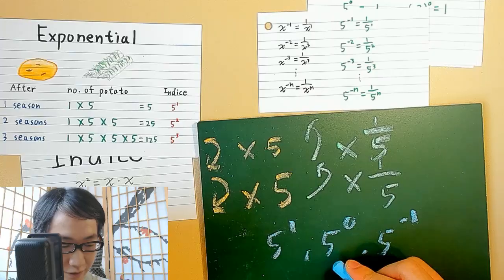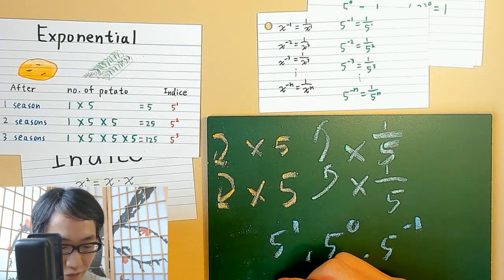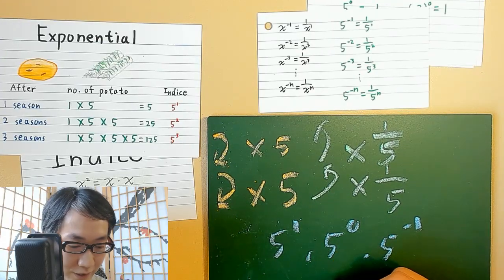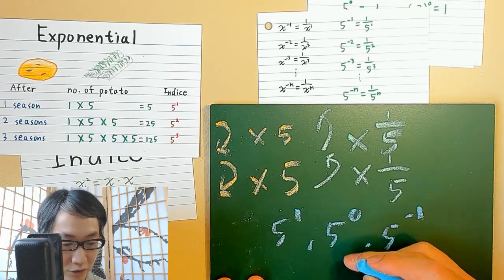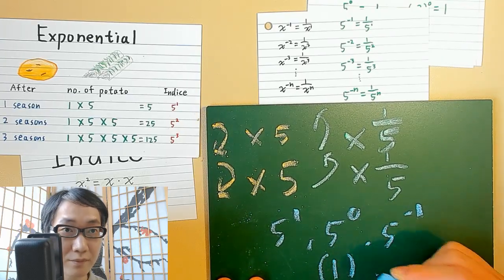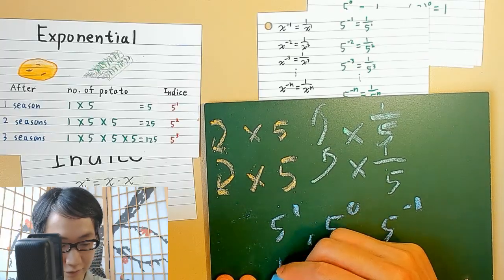From here to here, 5 multiplied by 1 over 5 is 5 to the power of 0, but this is 1. This is essentially 1. This is 5.